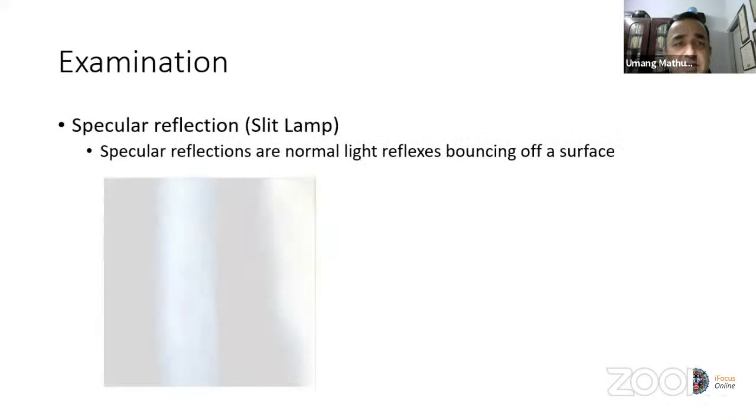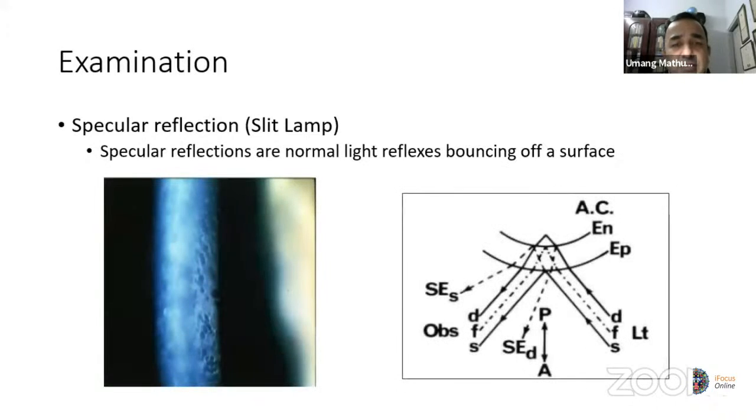Now, when you examine a patient on slit lamp, you may have stromal edema, but in the early part, especially in Fuchs, you may have just guttate changes. And it's important to do a good specular reflection on slit lamp. Every ophthalmologist should know how to do it.